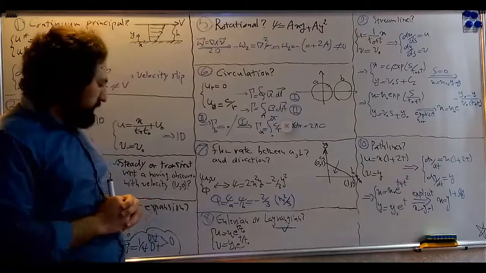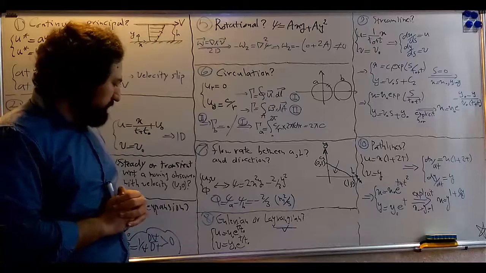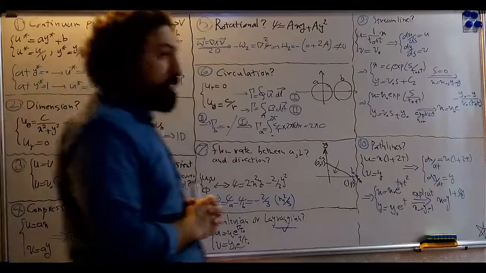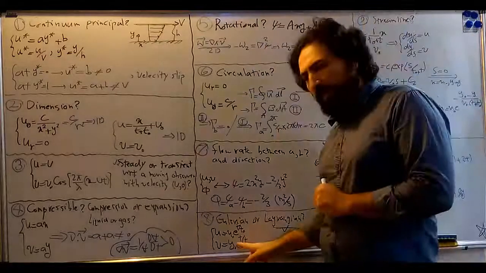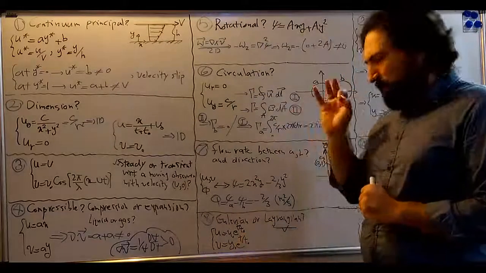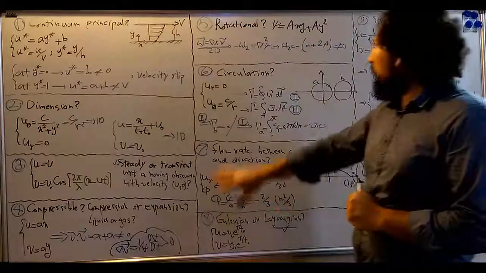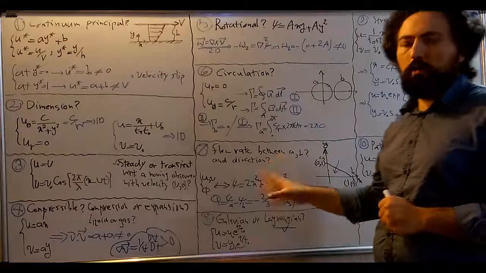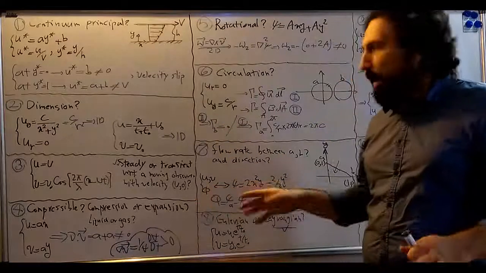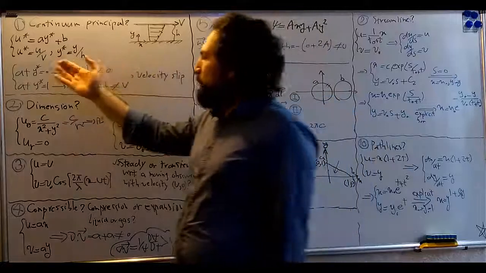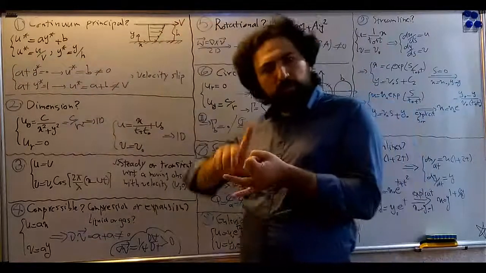Question number 8. This velocity field is given, and as you know, this is a Lagrangian velocity field because the input variables are the initial position of the particle. But all other velocity fields on the board are Eulerian, because, for example, in this case, to find the velocity, you just need the time and the position.